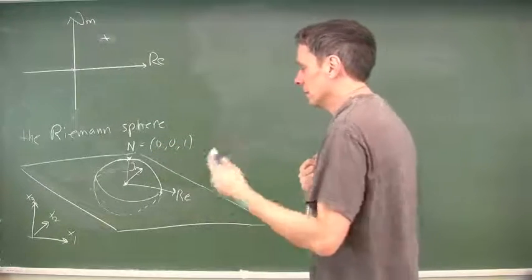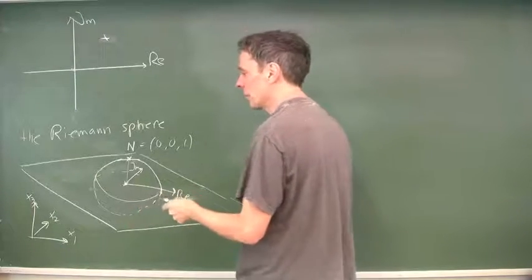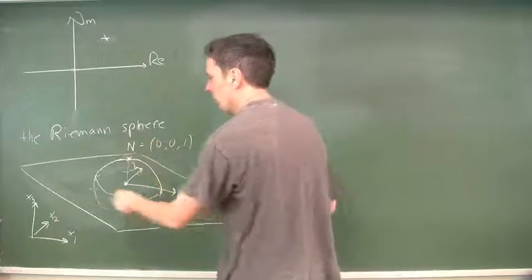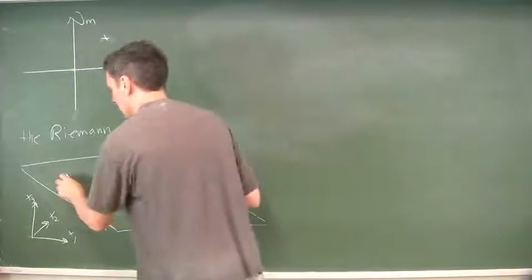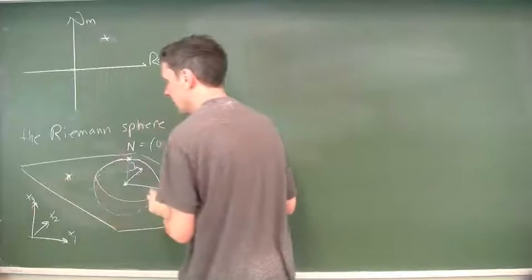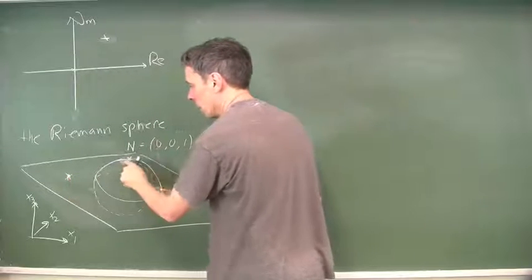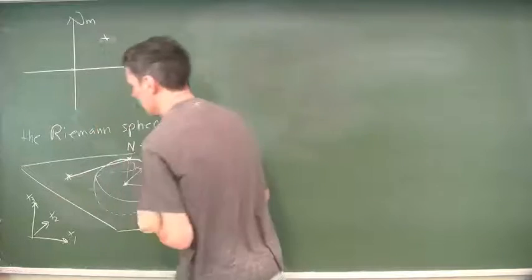With this setup, there is a very natural way of identifying points in the plane with points on the sphere. If I take this point here, for example, then we can draw a unique line passing through this point and the north pole, like this.